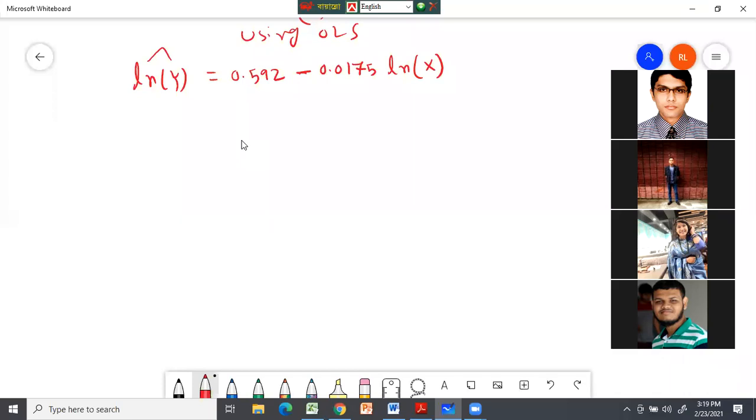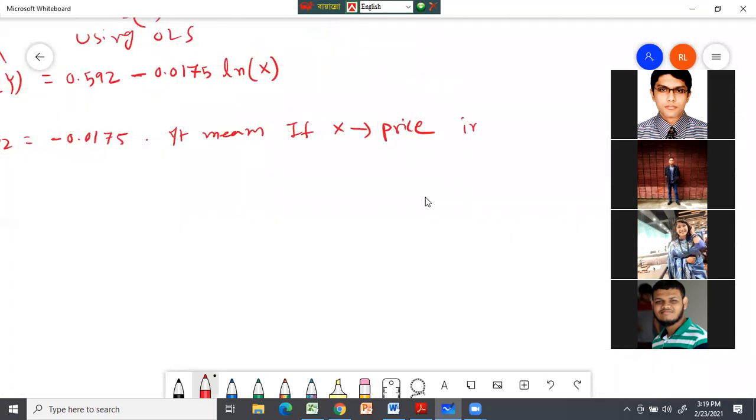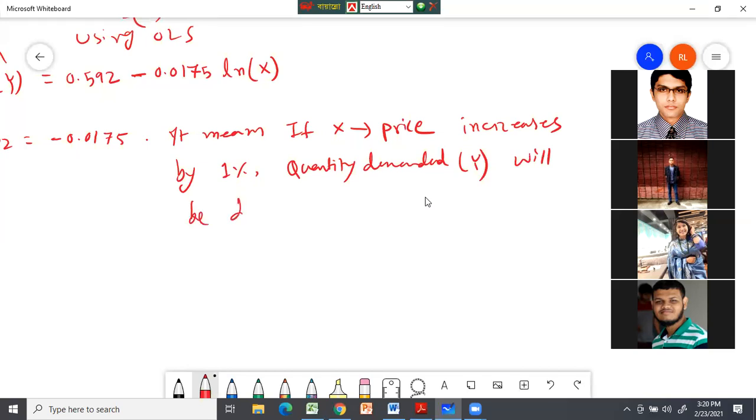The explanation is, first of all, for the B2 value, as B2 is found to be minus 0.0175, it means if X, which is your price, increases by 1%, your quantity demanded, followed by Y, will decrease by 0.0175%. Okay.